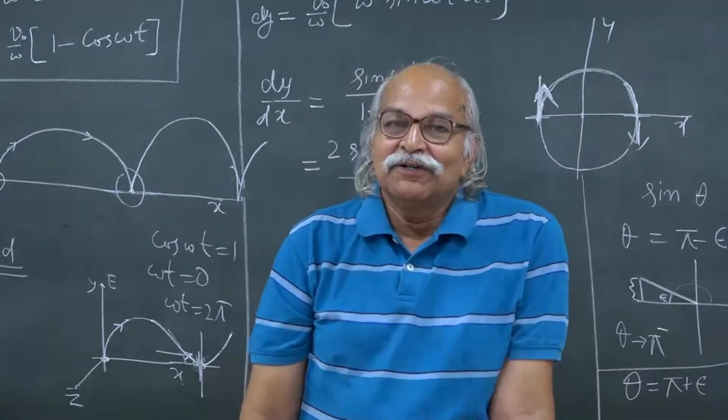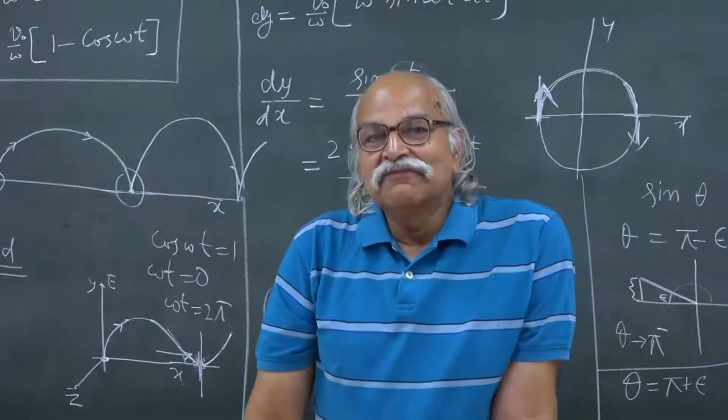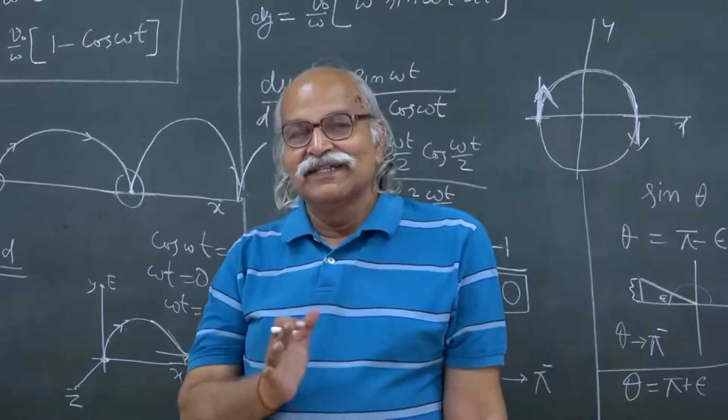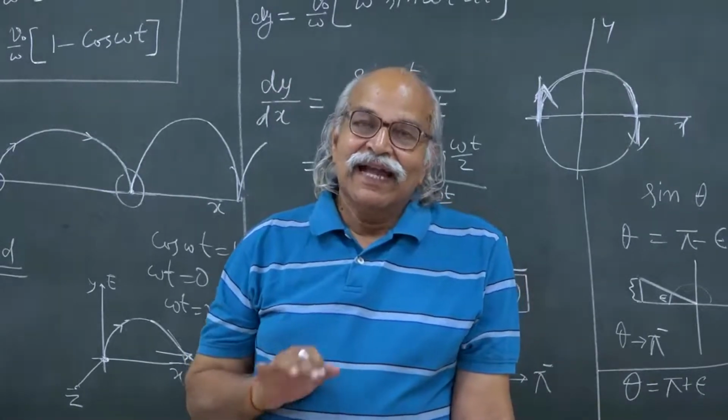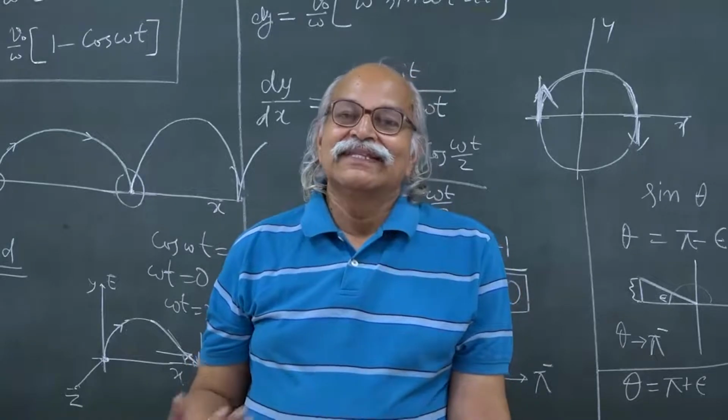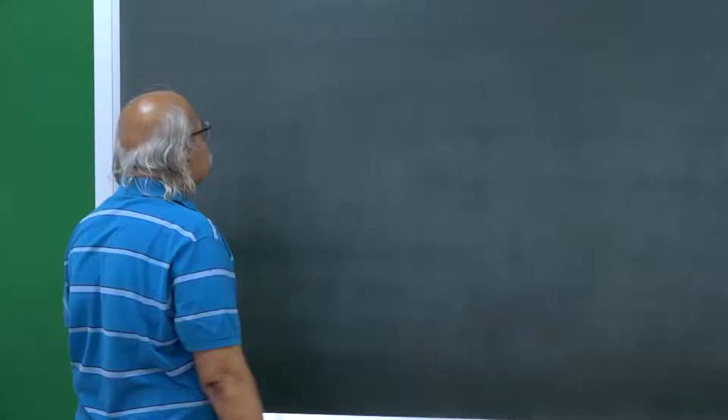Now, next we will give it a small velocity in the x direction, perpendicular to the E and B direction, and then see how the nature of the path changes.